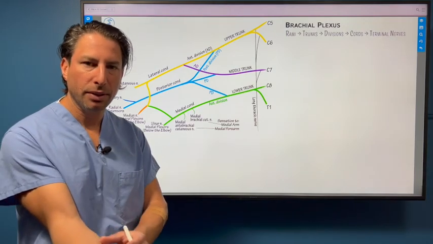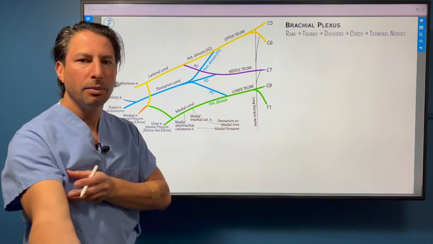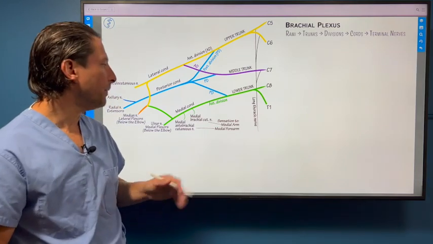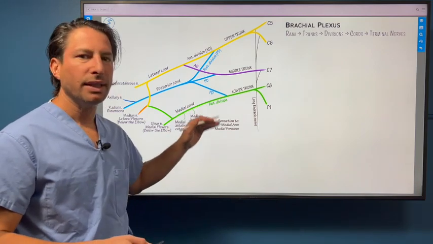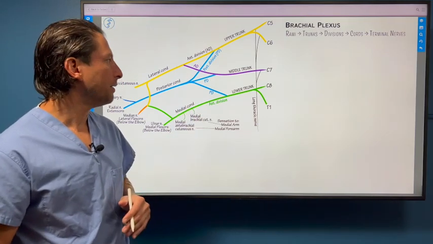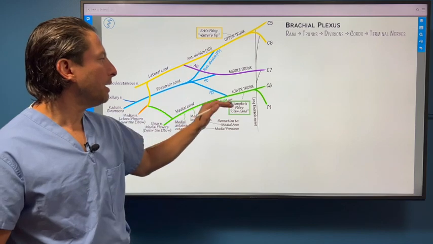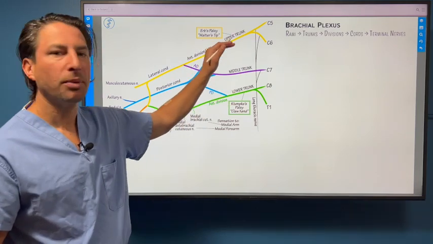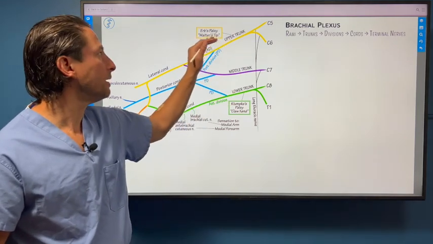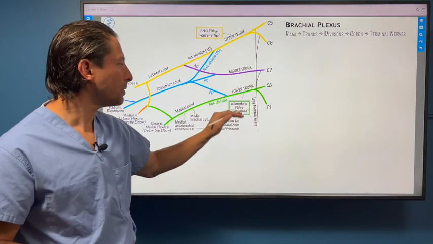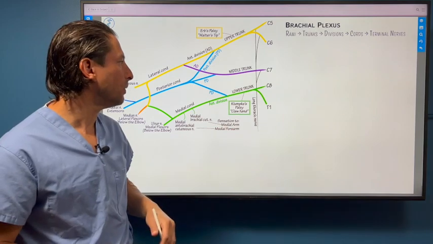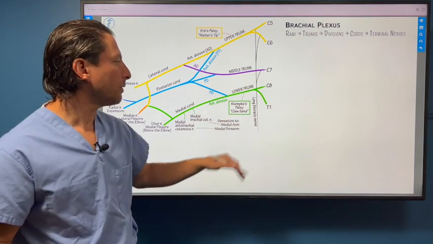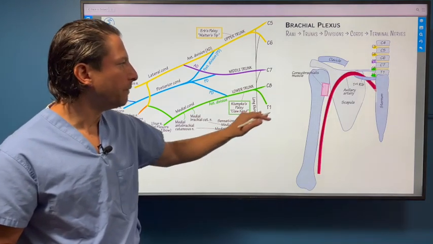The medial antebrachiocutaneous is forearm, and then medial brachiocutaneous is upper arm, and they can help differentiate injuries at various sites along the plexus here. In terms of some key plexopathies, upper trunk, Erb's palsy, waiter's tip palsy, lower trunk, Klumpke's palsy, claw hand. We'll talk about this a little bit more in a second. And then with the long thoracic nerve, we can get scapular winging.